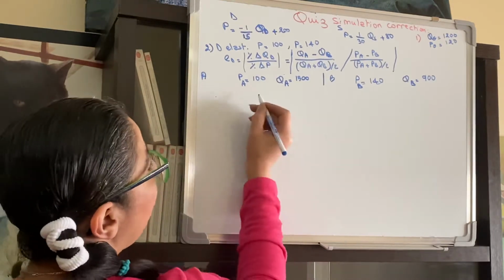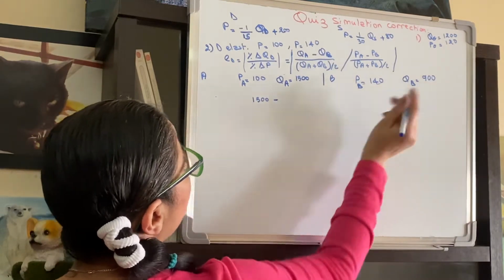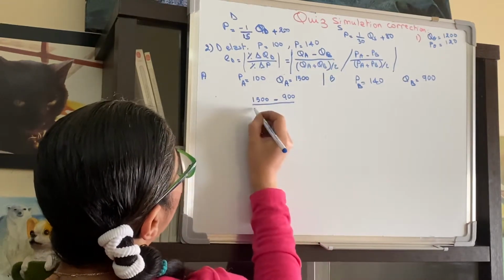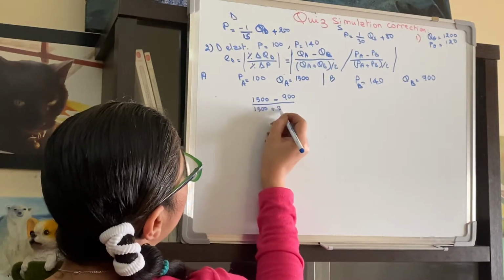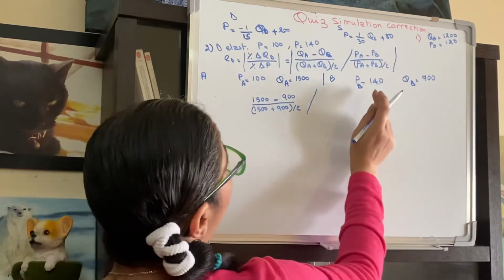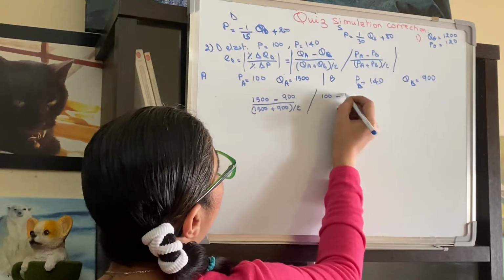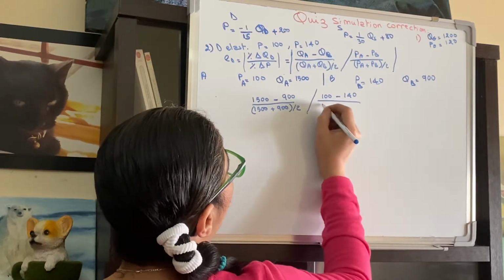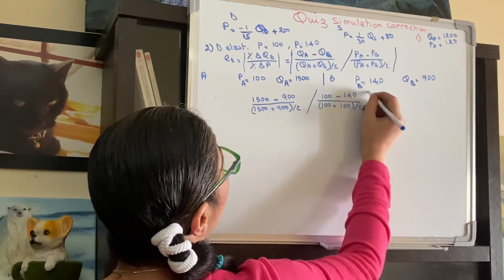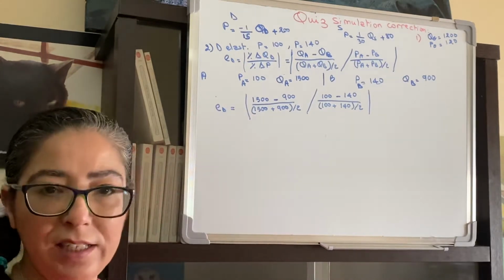So I'm going directly to the numbers. So it's 1,500 minus 900 over 1,500 plus 900, everything over 2, over PA, 100 minus 140, which is PB, over 100 plus 140, everything over 2, and do not forget the absolute value, and that would be your elasticity of demand.